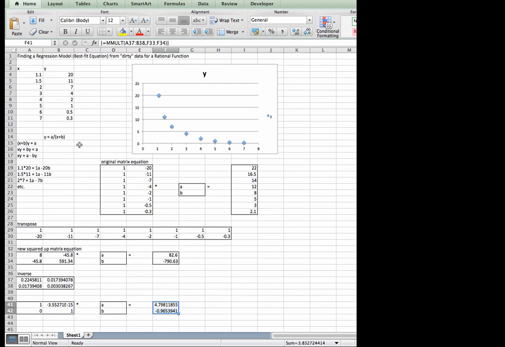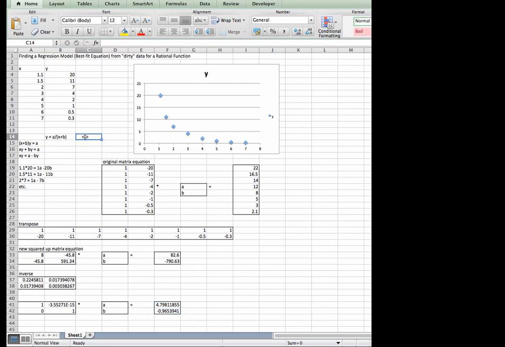We want to come up here to where our equation is, and our regression equation will look like this.